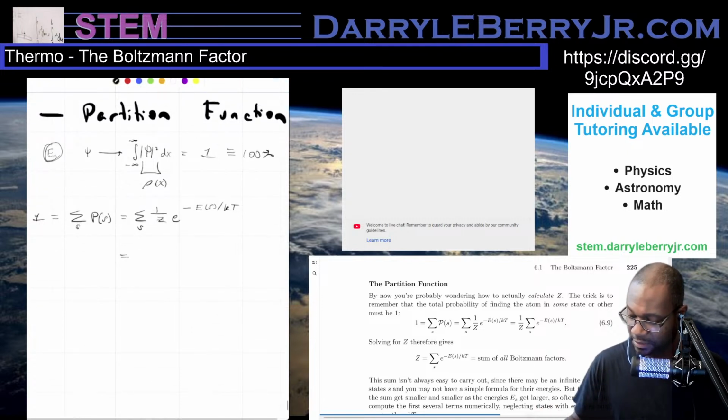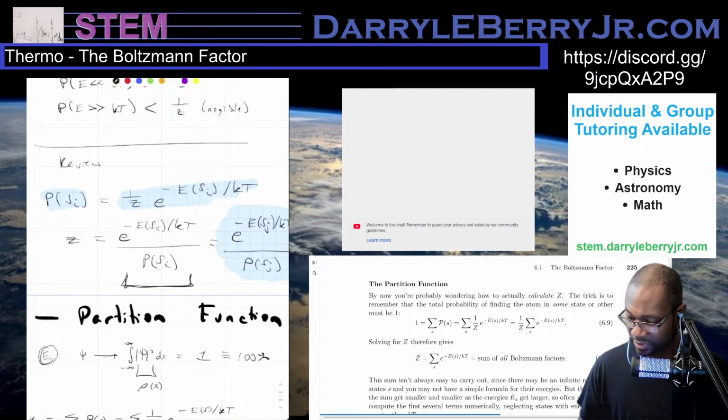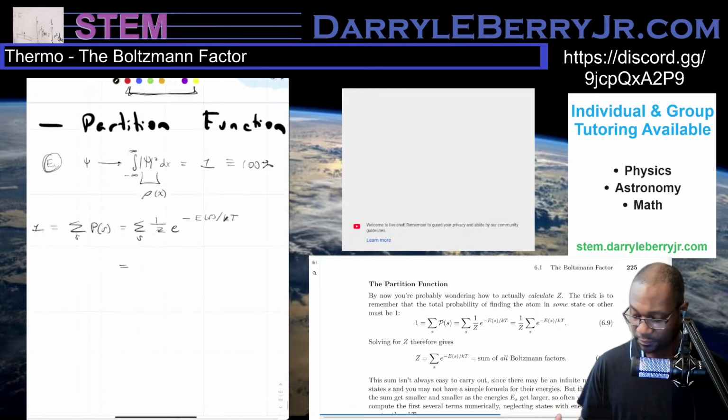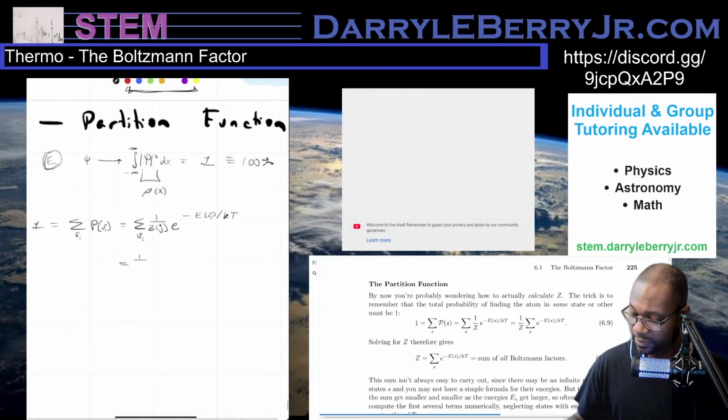They just put 1 over Z to the outside. If Z is a function of s_j, and we want s_i, we can move Z to the outside and add up all the s's, e to the negative E of s over kT, and this is equation 6.9.